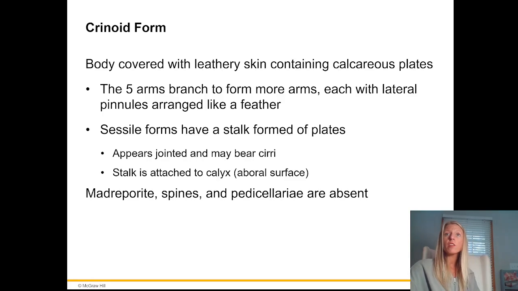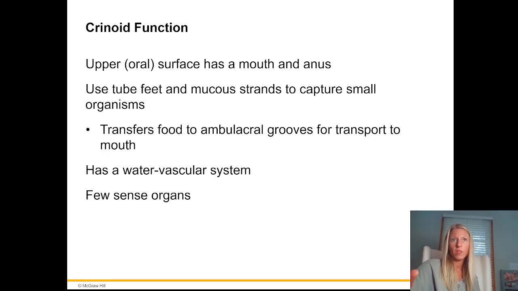So their body's covered in leathery skin with calcareous plates, and they have 5 arms with pinnules arranged like a feather. The sessile ones have a stalk formed of plates, and the stalk is attached to the aboral surface. The madreporite, spines, and the pedicellariae are all absent in the crinoids.